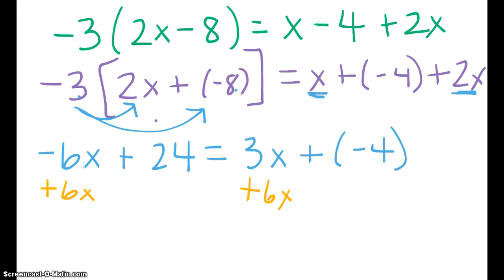The reason I did that is so that I end up with 9x instead of negative 9x. Again, it really doesn't matter. So then those zeroed out, I have 24 has the same value as 6x and 3x is 9x plus negative 4.